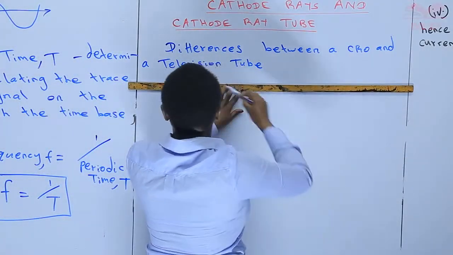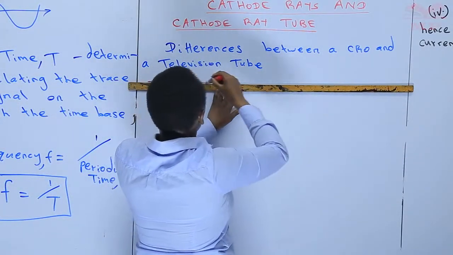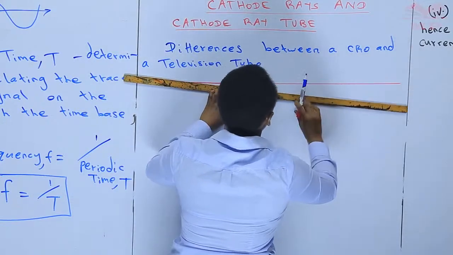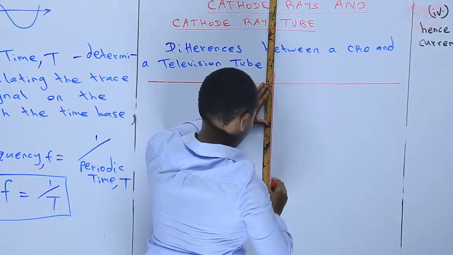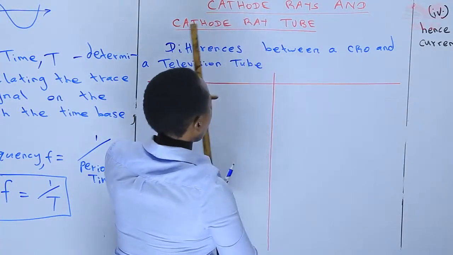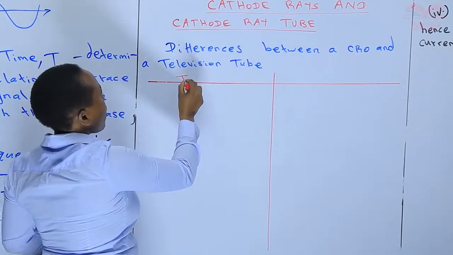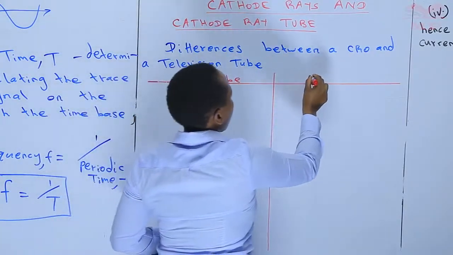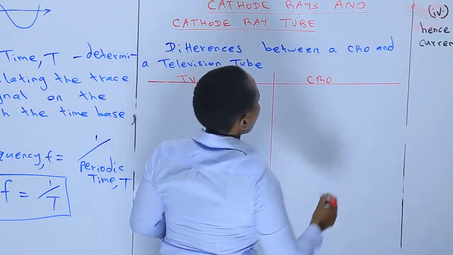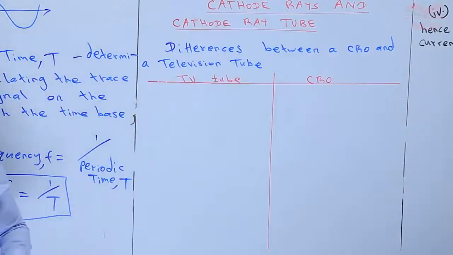So we can just have a table. On one side we can have the TV tube, and on the other side we have the CRO. So this is our TV tube. Then on the other side we have the CRO.